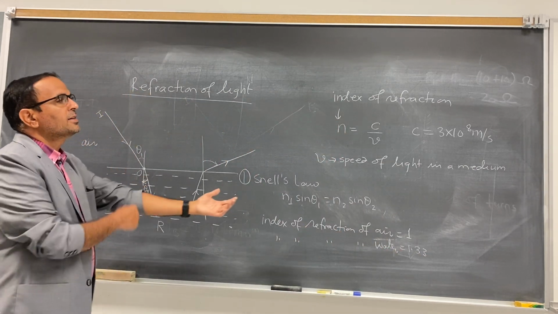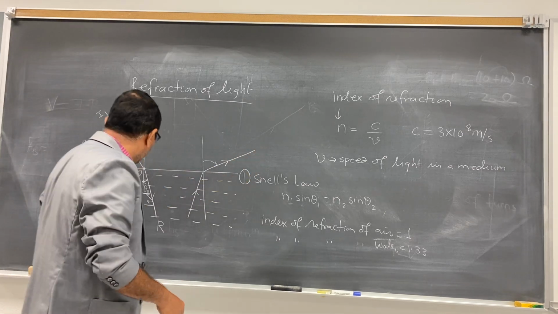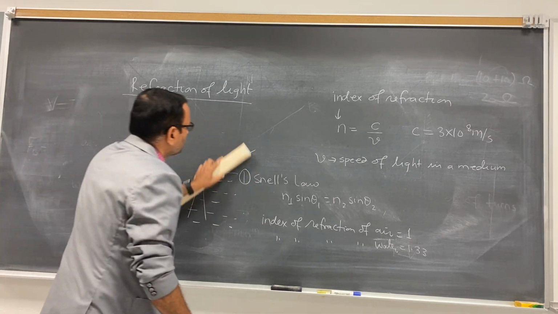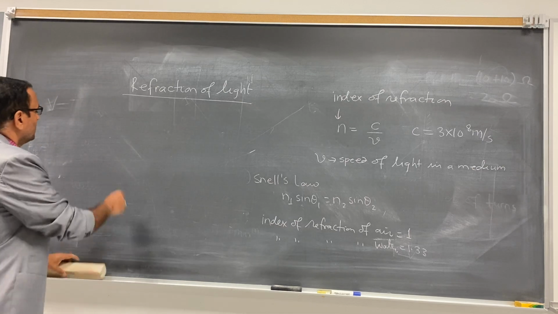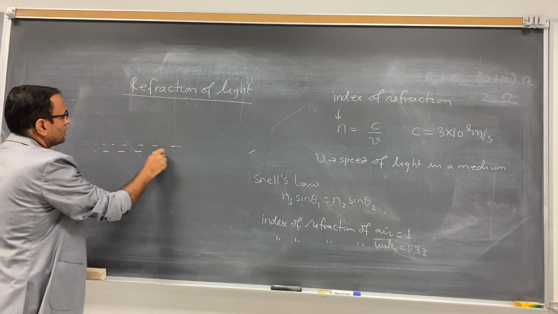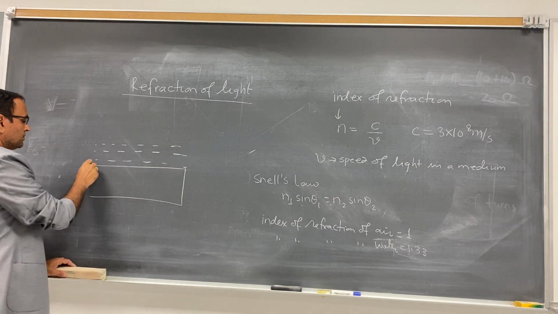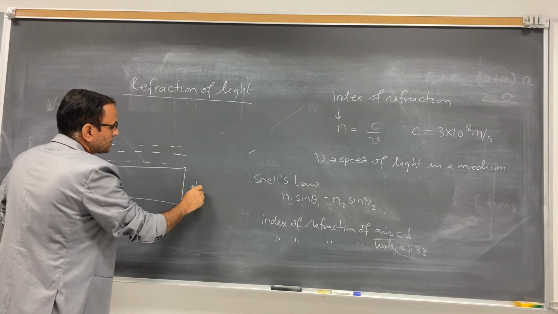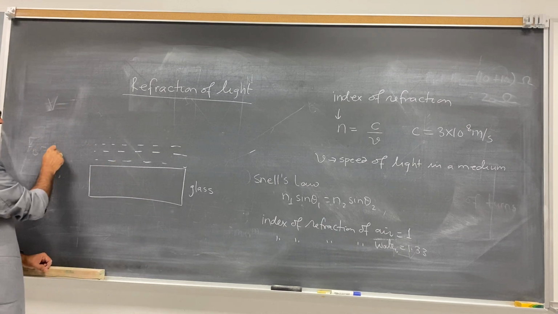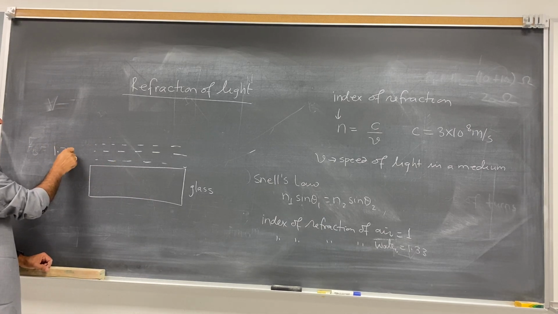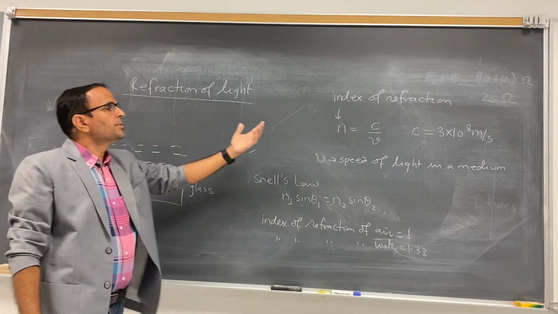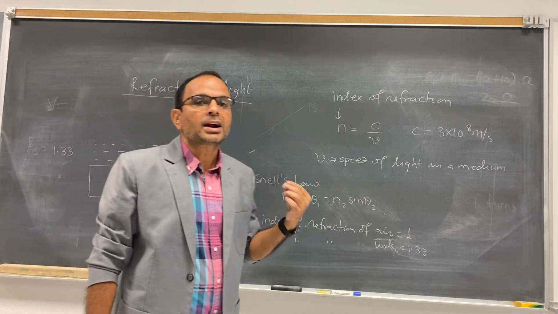Now let's say this is water and there is a glass. Water has an index of refraction 1.33. Index of refraction is also called the refractive index.